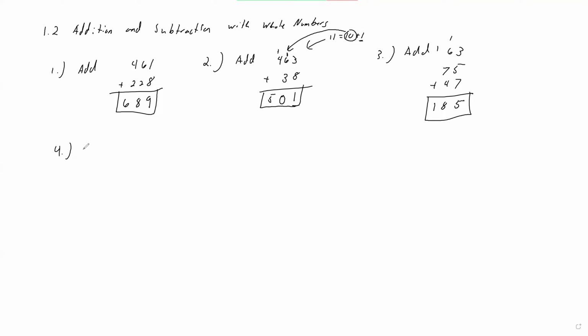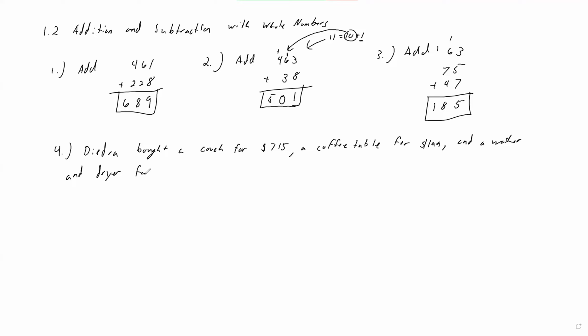And this one here, it says Deidre bought a couch for $715, a coffee table for $199, and a washer and dryer for $863.